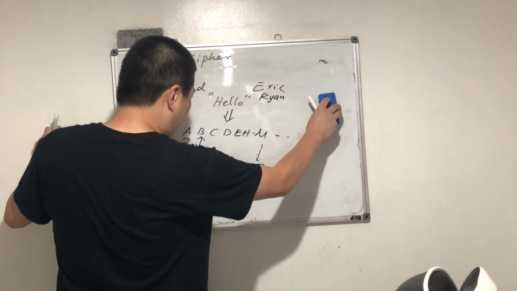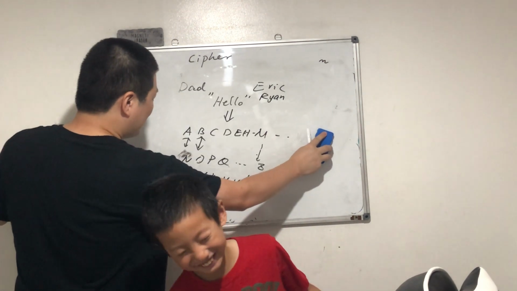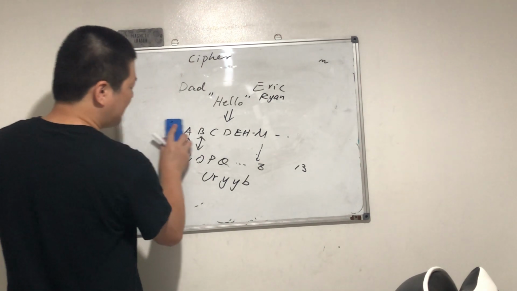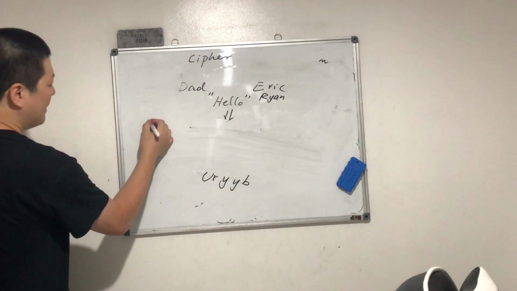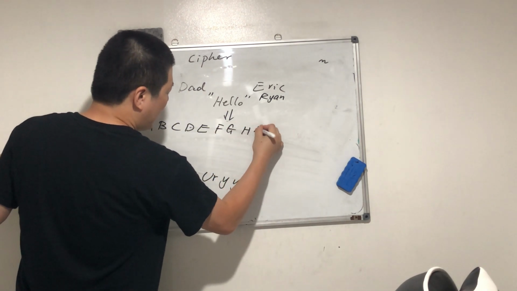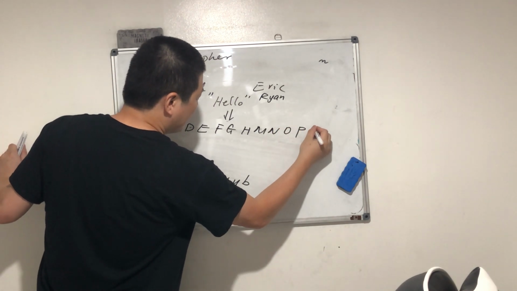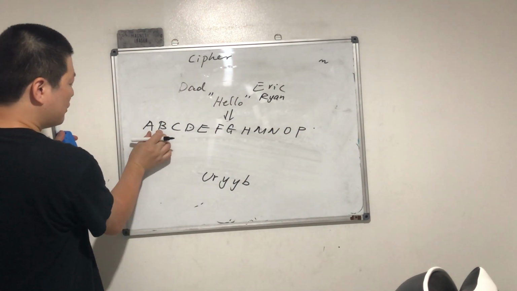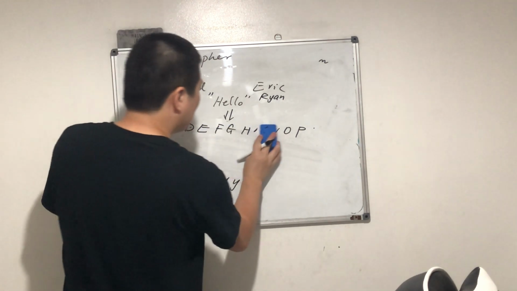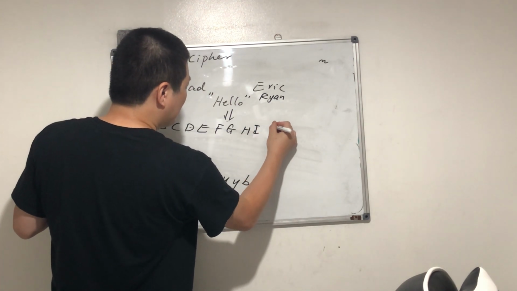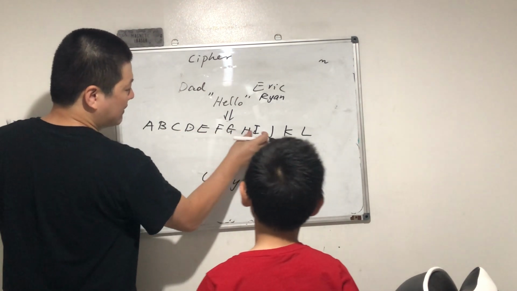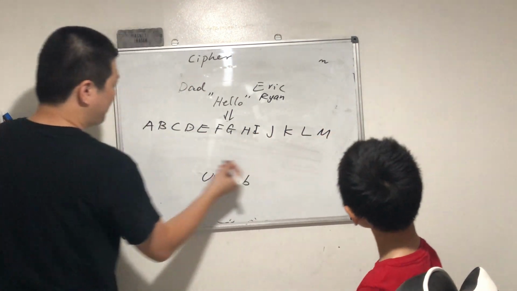Let's write this, U-R-Y-Y-B. Let's extend this table. A, B, C, D, E, F, G, H, I, J, K, L, M, that's 13.